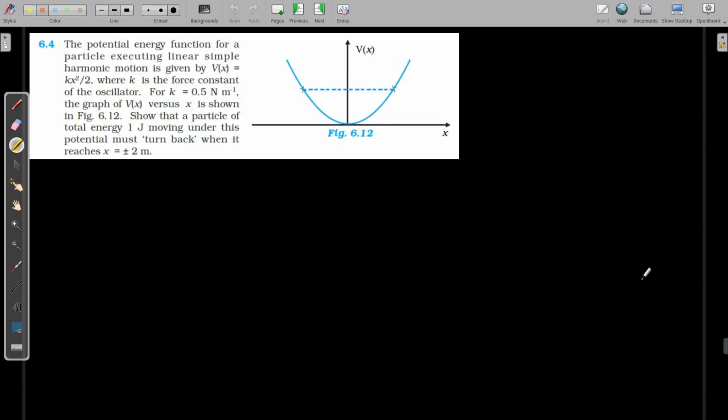Okay, this is a question. Again, this is a similar concept question. Let us see what we can do here. In this question, it is told the potential energy function of a particle executing simple harmonic motion is given by V(x) equals half kx square.